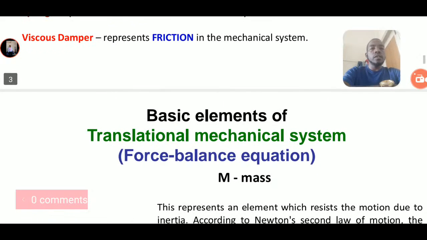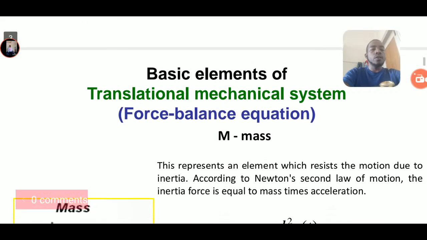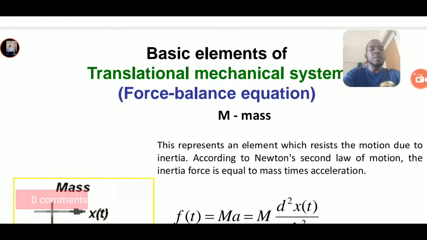When we see the basic elements of the translational mechanical system, the force balance equation is the first and most important equation. As we know, mass represents an element which resists the motion due to inertia. This is Newton's second law.